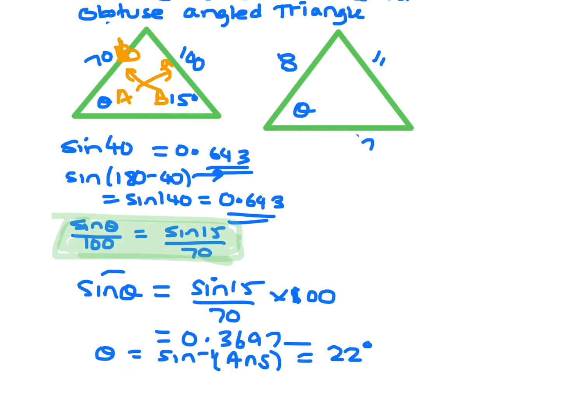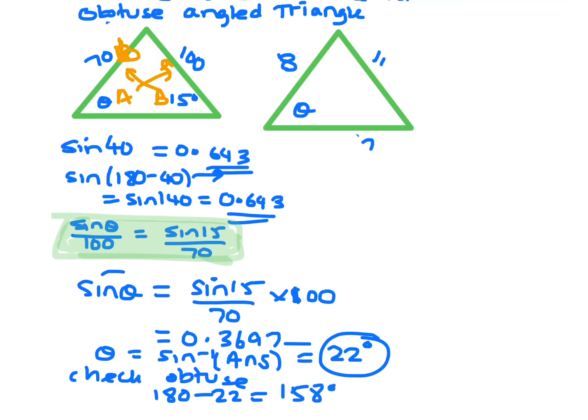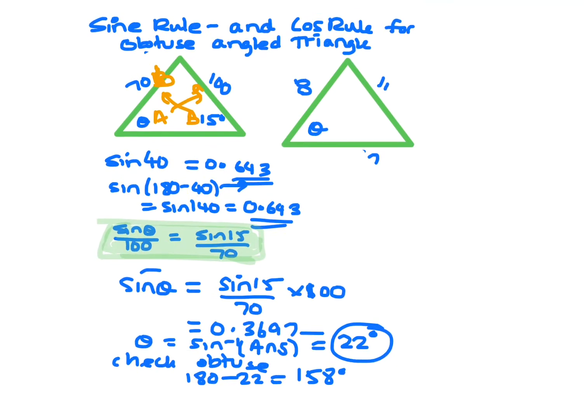And then that would be your acute angle, and we have to just check if there's a possible obtuse angle. So if you take the 22 away from 180, you end up with 158 degrees. And then you've just got to check that 158 will fit in the triangle with the other angle that exists there, which is your 15.